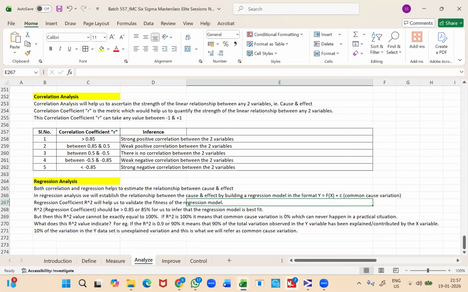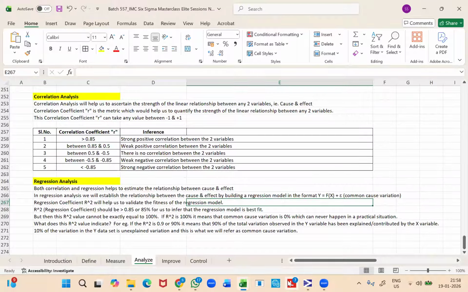And this regression coefficient is denoted by capital R square. And what is the criteria? It should be ideally greater than 0.85 or 85%.